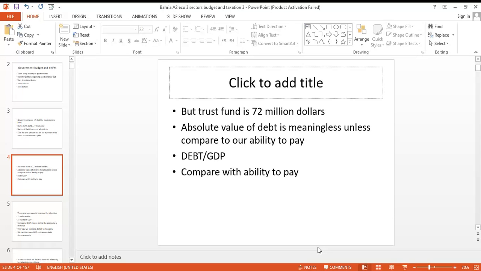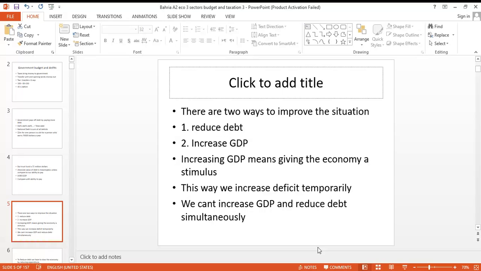They will try to reduce the debt while holding the GDP in place. The other government will try to increase the GDP, increase the ability to repay the debt, use the debt to increase the national income. So there are two approaches to dealing with debt: reduce the debt or increase the GDP.